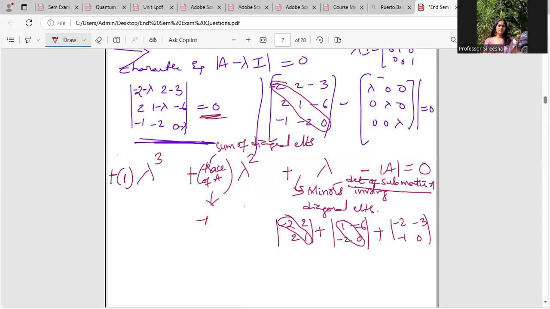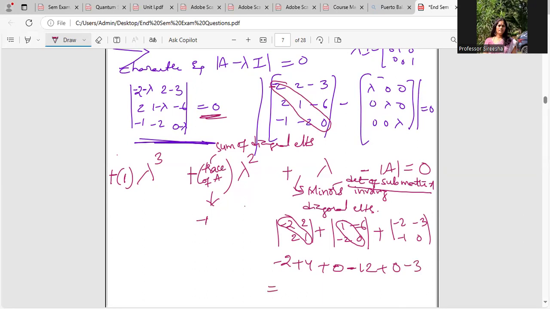What would be the value of the first minor? Minus 2 plus 4 plus 1 into 0, minus into minus is plus, but then it is AD minus BC, so there is another minus here. Of course, this is 0 minus 6 into 2, which is 12. Again, this is 0, minus 2 into 0 is 0, minus 1 into minus 3 is 3, minus 3.